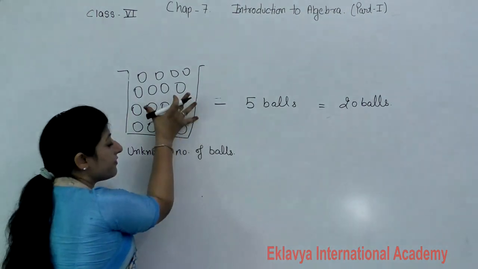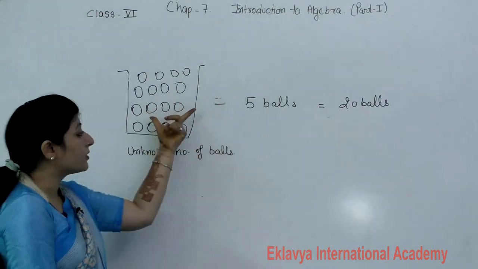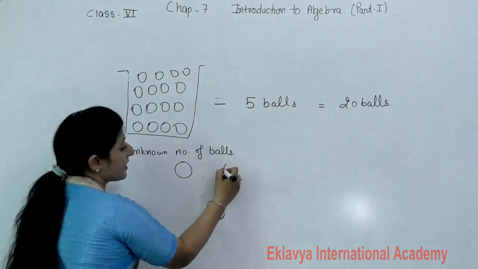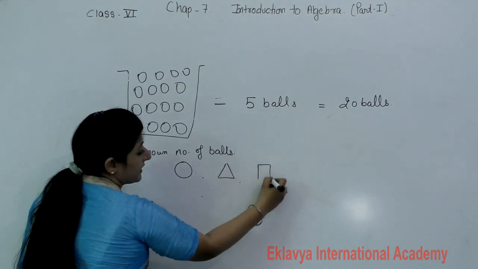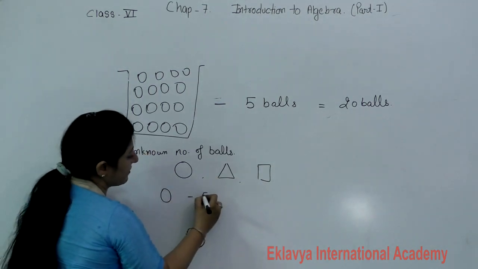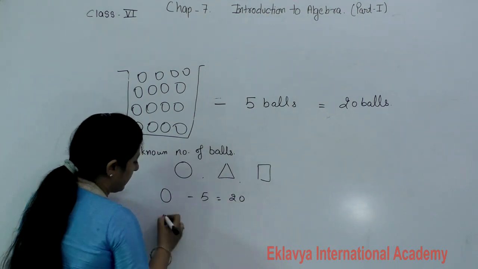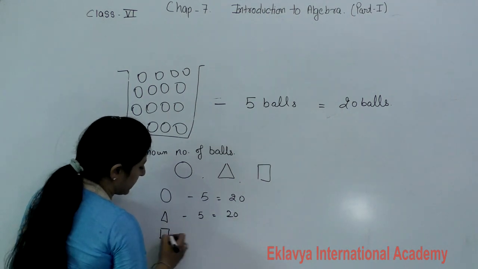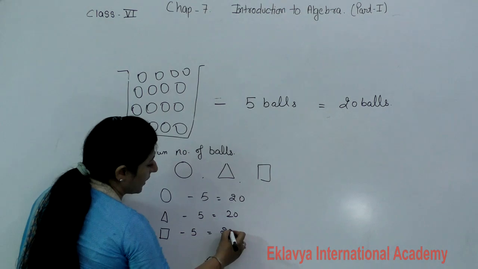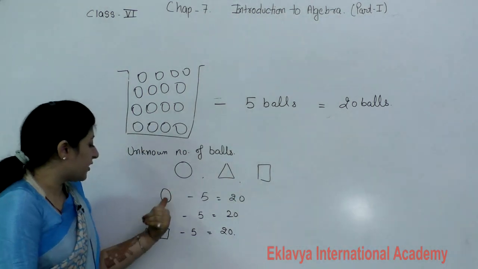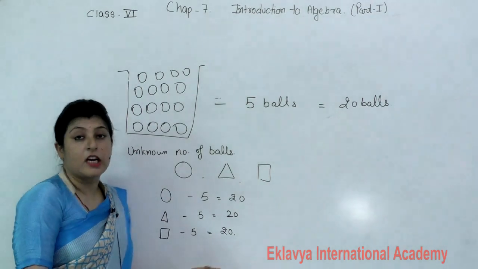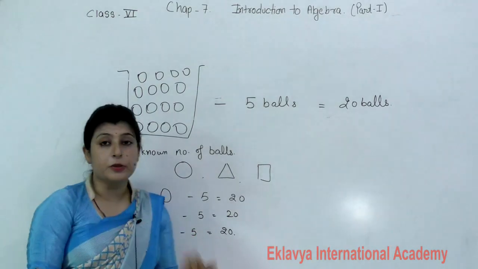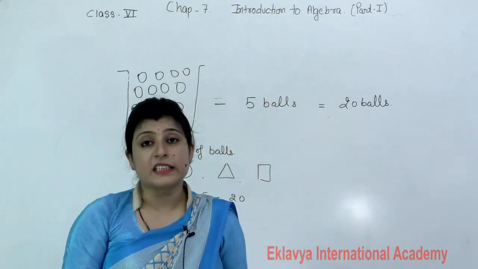Firstly, whenever we don't know something, how to represent it? Sometimes we represent it by some geometrical figure, that this figure minus 5 is equal to 20, or may be represented by another figure minus 5 is equal to 20. What is the value of this geometrical figure? For an easy way to represent these things, we use some letters in algebra.